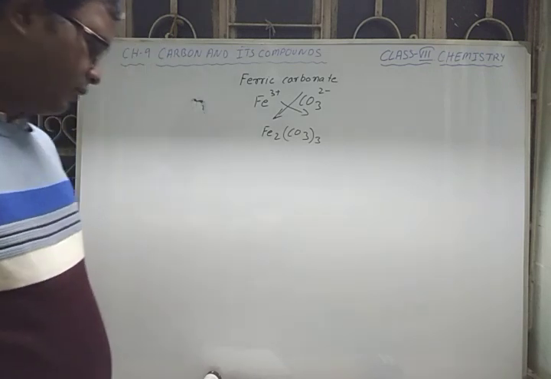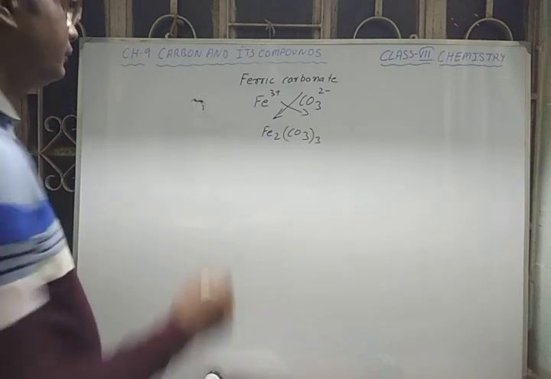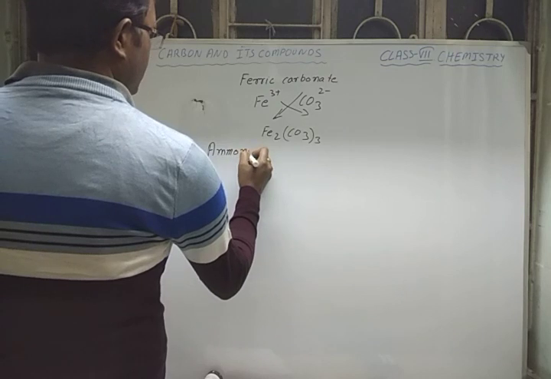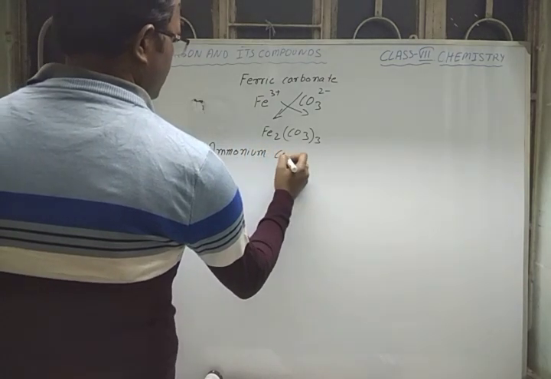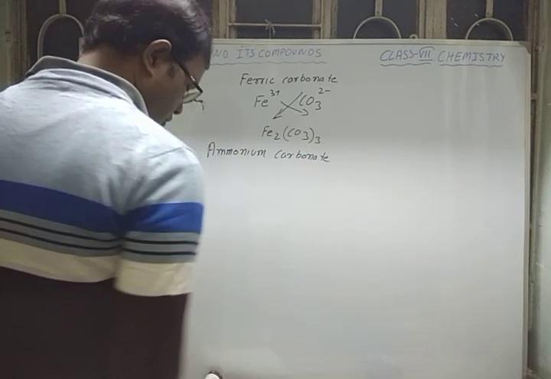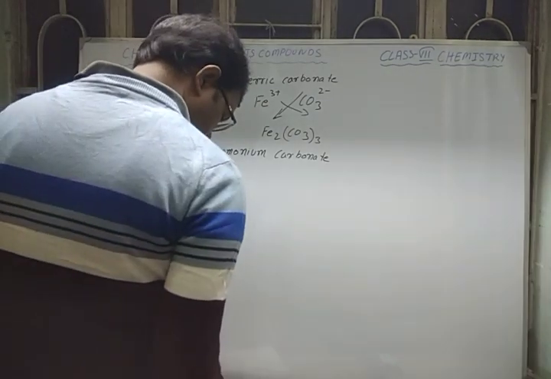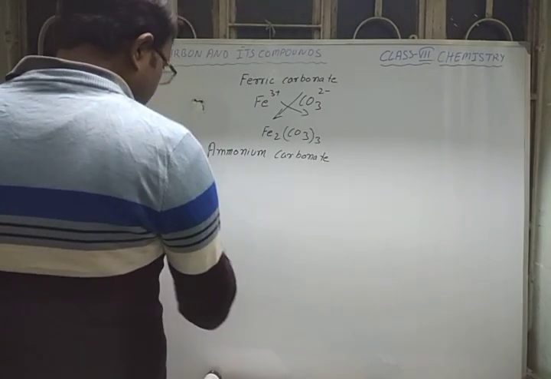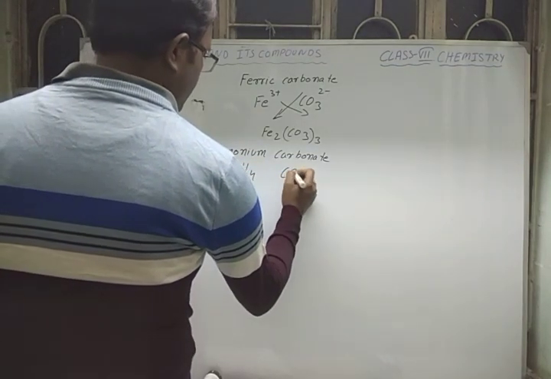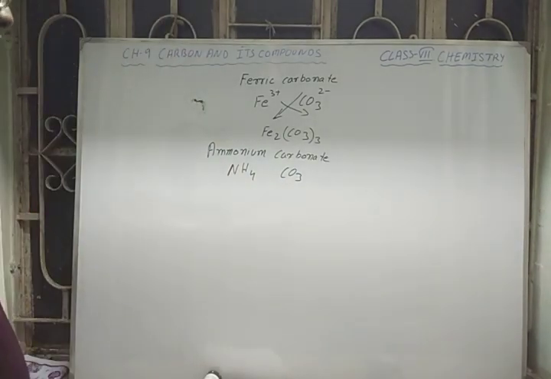Another example you can take is ammonium carbonate. Ammonium is NH4 and carbonate is CO3. Now we have to write the valency of both.